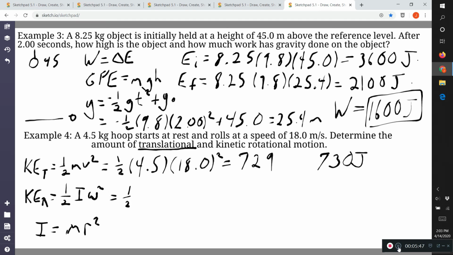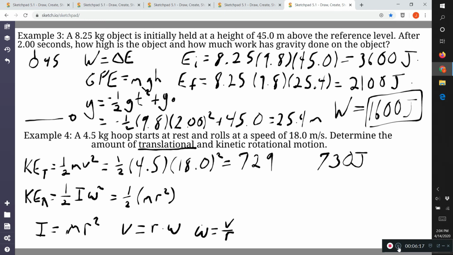1/2 times mr squared. Now omega, we don't have omega, but there is a relationship between angular velocity and linear velocity. So that relationship is that linear velocity is the radius times angular velocity. We can rewrite this that the angular velocity is equal to linear velocity divided by r.